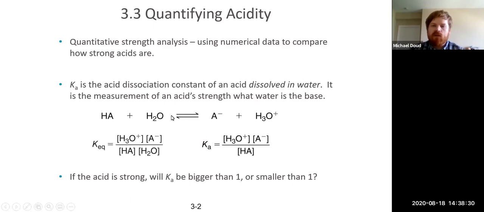So translating that into the Ka equation here, we would expect the hydronium ion and conjugate base to be higher than the weak acid that's left behind. So that would mean that the Ka should be bigger than 1 in that case, if it's strong. And then the opposite would be true if it's weak. If it's a weak acid, we expect the position of equilibrium to be on the left, with the reactants.